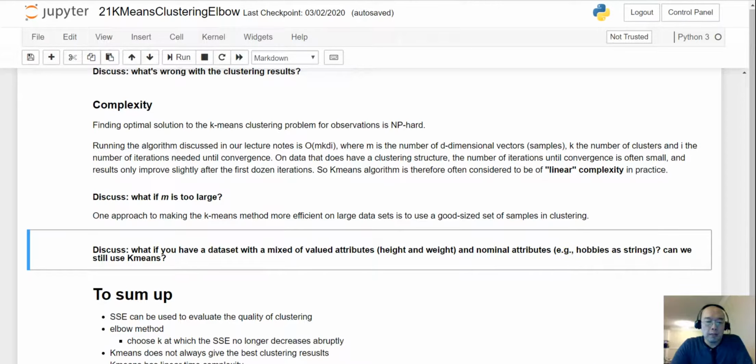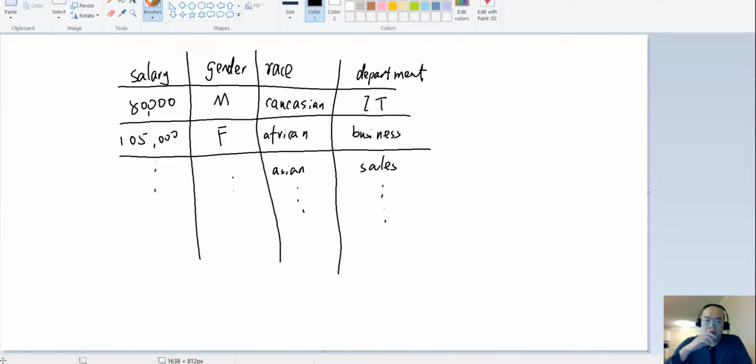Okay, if we come back to this dataset, after data pre-processing, we have already discussed applying the one hot encoder to the race and the department. My question is, is the distance measure, for example Euclidean distance, still meaningful when we are trying to measure two samples?